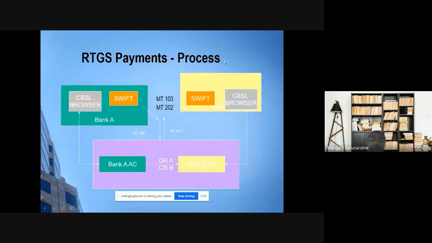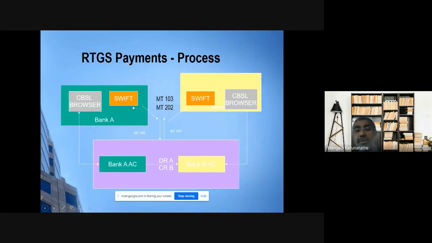Bank A and bank B are there, and this is the central bank system. This purple background is the central bank account of bank A, bank B, and there can be other banks as well, right? Bank A has a CBSL browser and Swift. Bank B also has a CBSL browser and Swift, right?